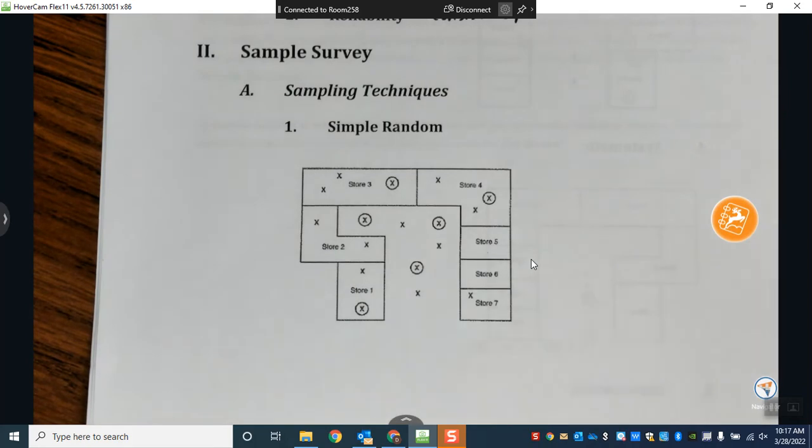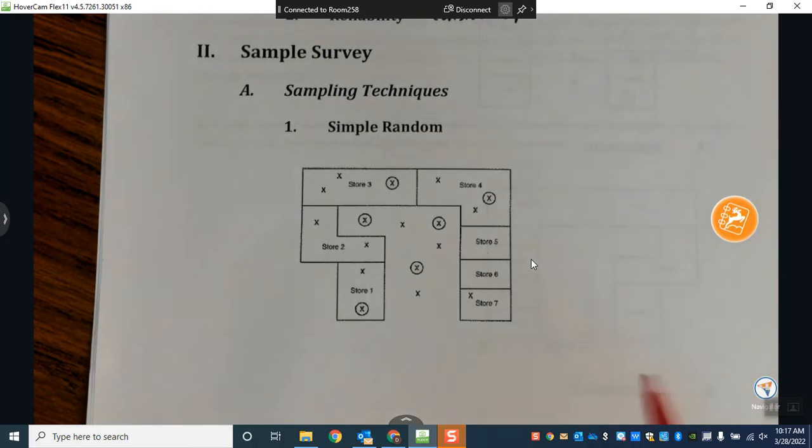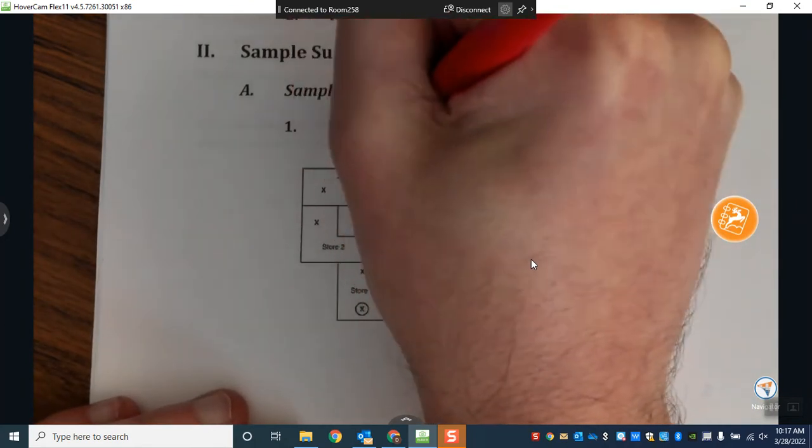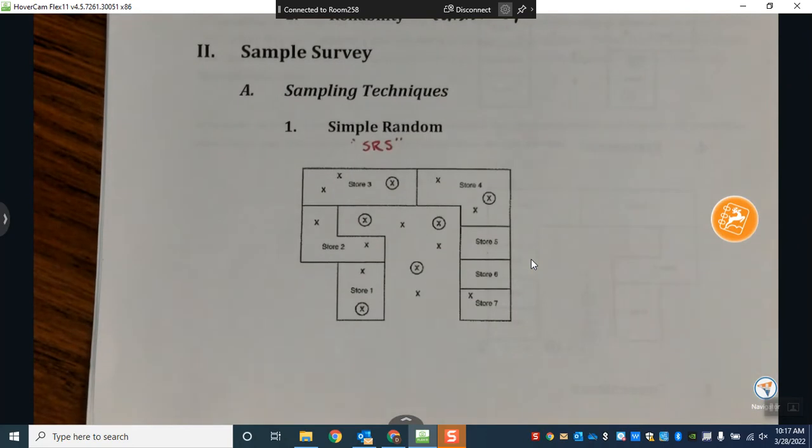There are actually different ways to take a random sample, and some have additional benefits depending on our goal. The first type of sample is called a simple random sample. You might see the term SRS, which just stands for simple random sample.